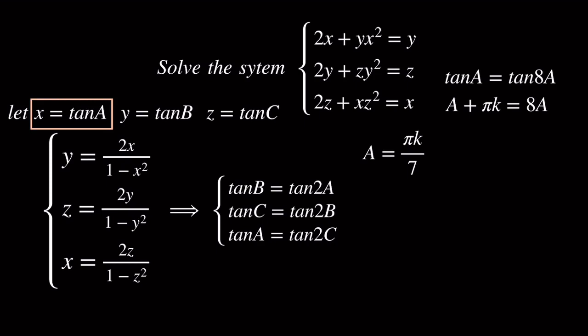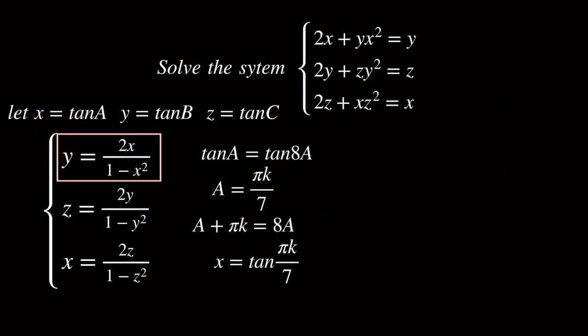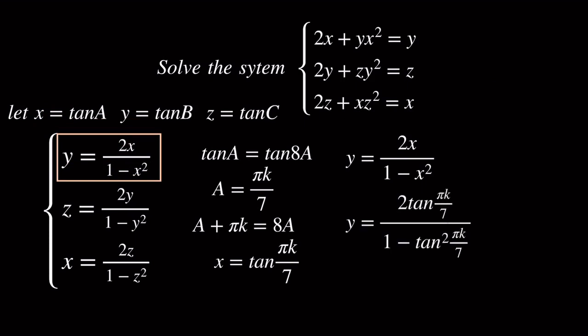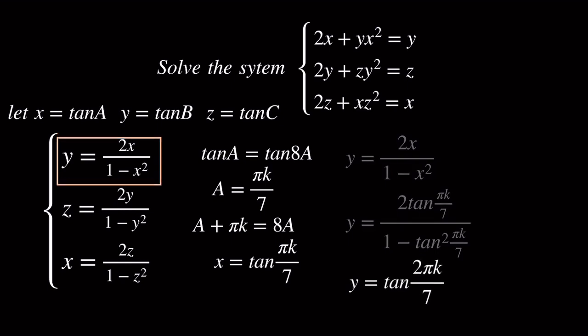So substituting that into x equals tan A, we have that x equals tan pi k over 7. And now for y, we can substitute x back in there, and applying the double angle identity again, we have that y equals tan 2 pi k over 7.